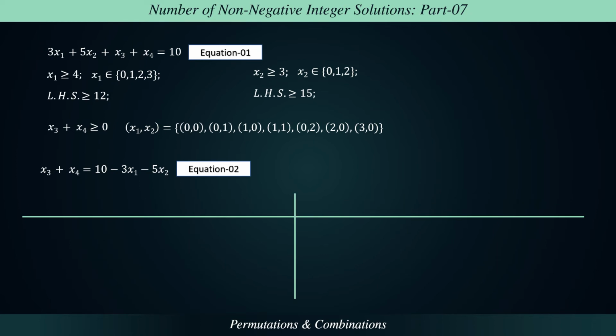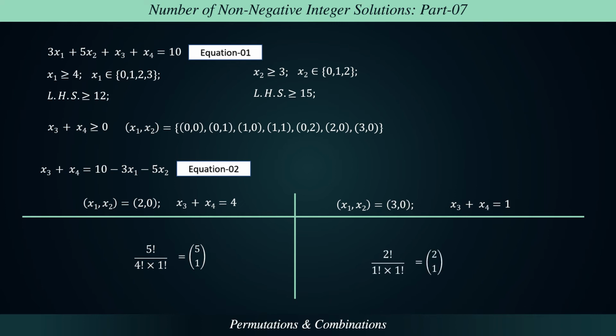When x1 equals 2 and x2 equals 0, x3 plus x4 equals 4, and the number of non-negative integer solutions of this equation is 5 factorial divided by the product of 4 factorial and 1 factorial. When x1 equals 3 and x2 equals 0, x3 plus x4 equals 1, and the number of non-negative integer solutions is 2 factorial divided by the product of 1 factorial and 1 factorial.